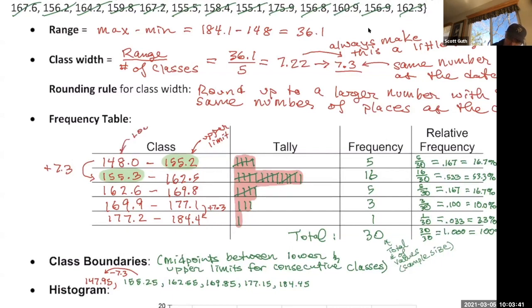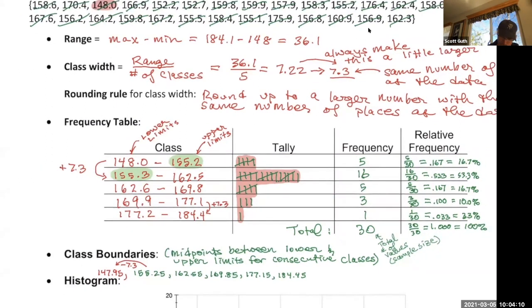But when you do a class boundary, I'll do that in plural, lower limits and upper limits. So when you do a class boundary, you're sort of averaging the upper limit of a class with the lower limit of the next class to get a divider between them. Is that all right?